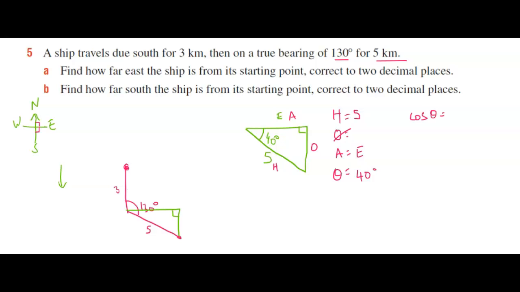So cos theta equals adjacent over hypotenuse. Then I just substitute in what I've got. To get east, we're just going to have to multiply both sides by 5. So they cancel out, and east is equal to 5 cos 40.